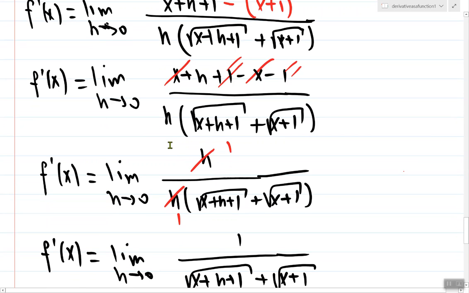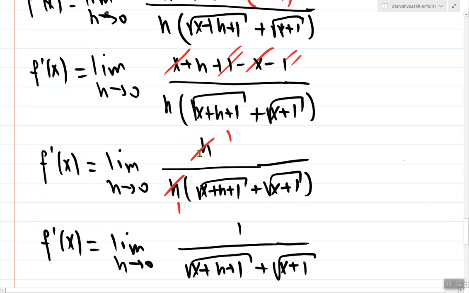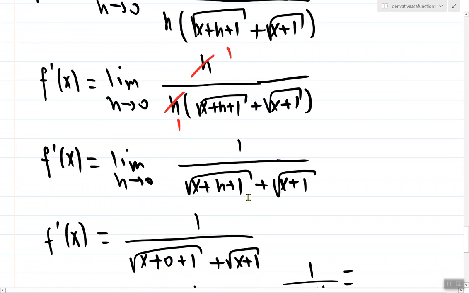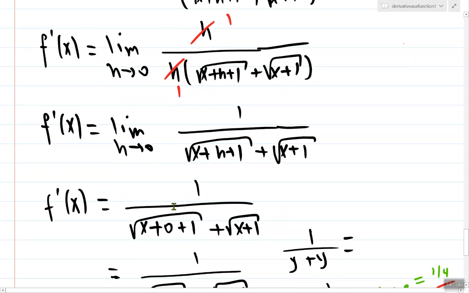And then because at the bottom you have h, you're going to simplify. h divided by h is 1. So you get 1 in the numerator. In the denominator, you get the square root of x + h + 1 plus the square root of x + 1. And then you have the limit as h approaches 0.